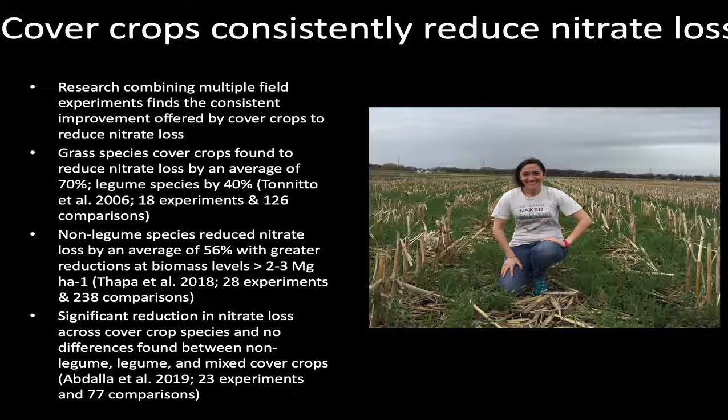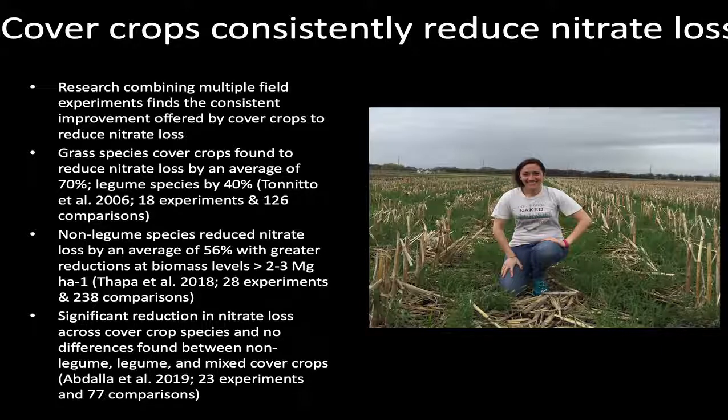But a lot of research has shown the efficacy of cover crops to reduce nitrate loss. And so I'm just showing that here. There actually are 3 synthesis reports that have found similar results. And I'm not going to go into detail about them.